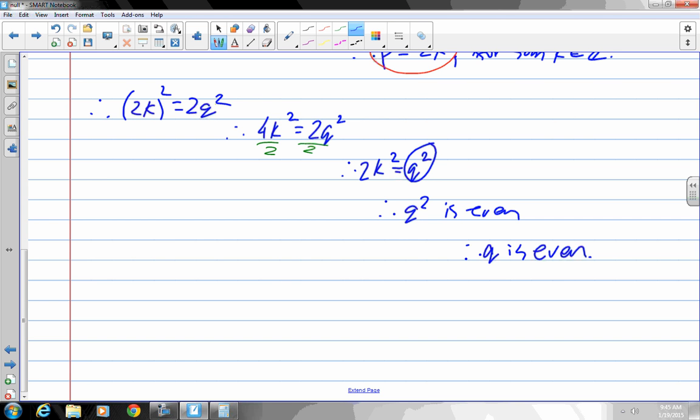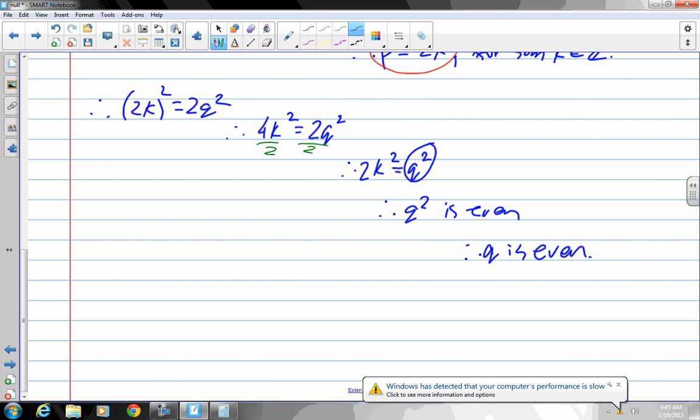Can a fraction have an even numerator and even denominator? Yeah, so what can I do with that fraction? Simplify it until it no longer has an even. But this says I cannot. No matter what I do, I will always have an even numerator, even denominator.